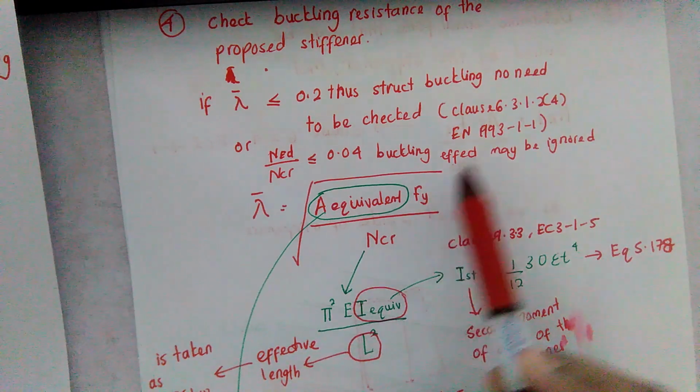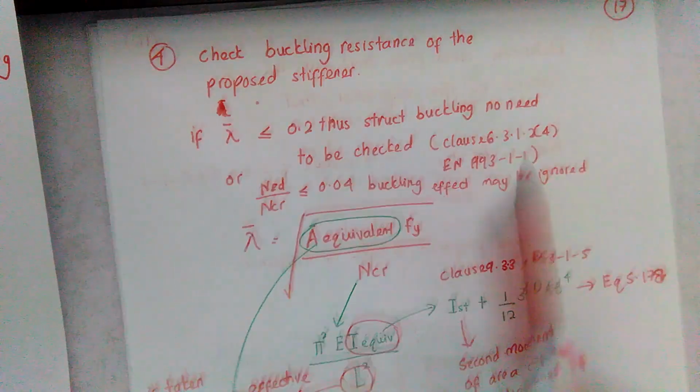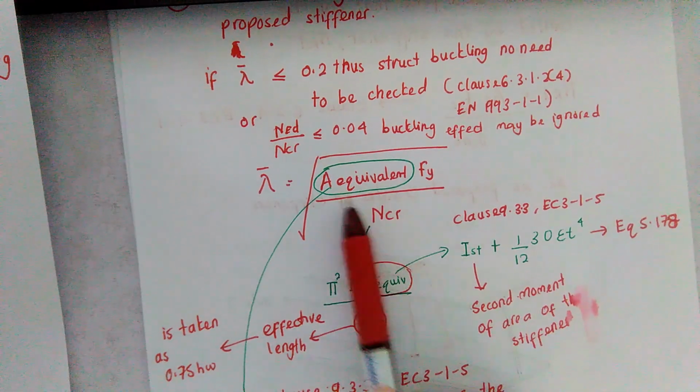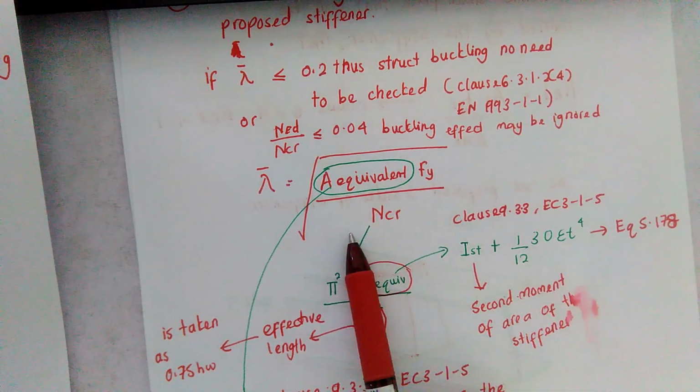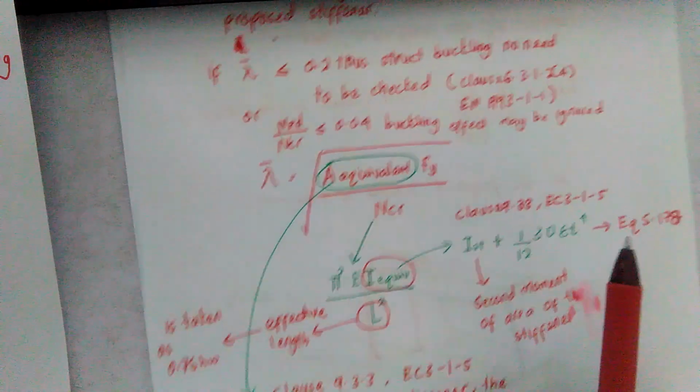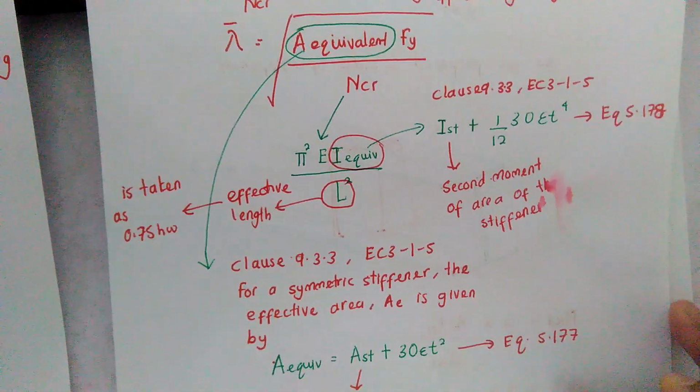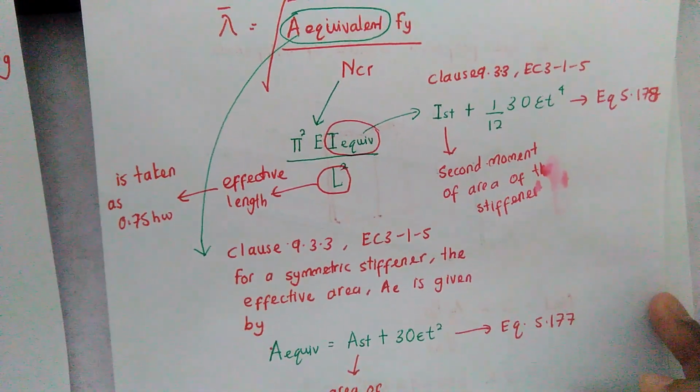So in clause 6.3.1, you can see that lambda is equivalent to the square root of A_eq f_y over N_cr. What are those parameters? I have simplified it for you.